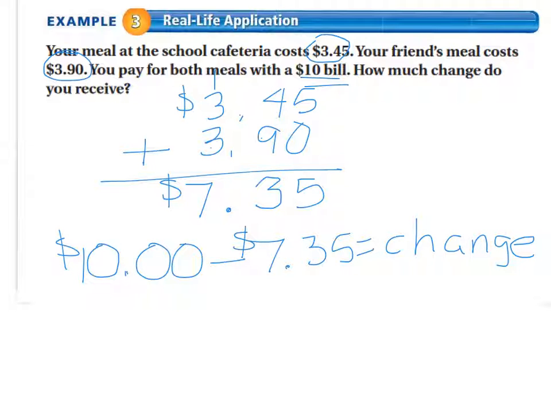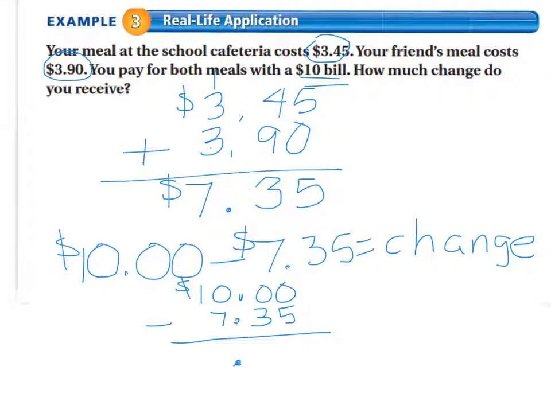Since I have decimals, I'm going to line those up vertically, so I'm going to put my $10 minus my $7.35, lining up those decimals, bringing the decimals straight down, and now doing my subtraction.